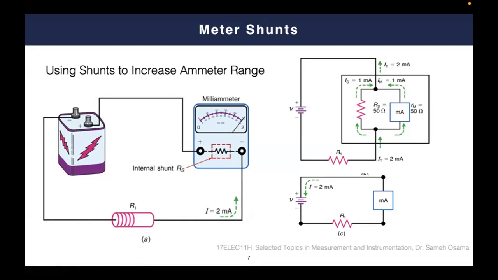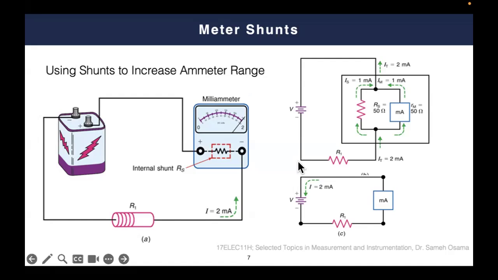So for example, if here we have a resistance of 10K, and here we have, for example, a 1 volt source, then the current should be 1/10, which is 0.1 milliampere, regardless of the type of ammeter you insert in series. But what happens is not as expected. Let's describe it to you.